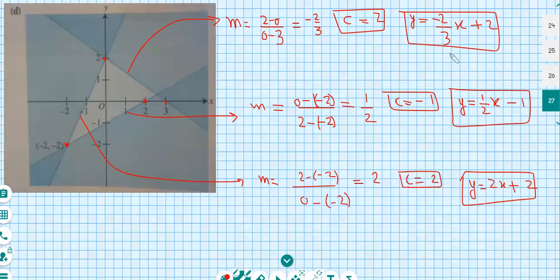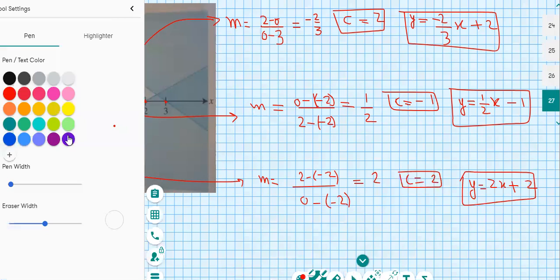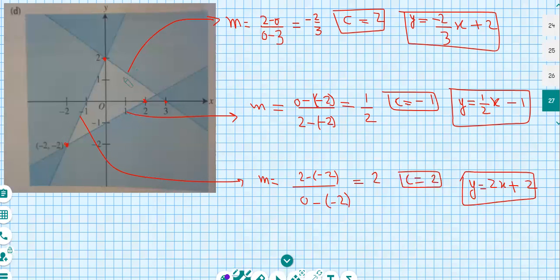Now we have to convert these equations of the line to linear inequalities in 2 variables. Okay. The first line is this, and you can see that the unshaded region is below this line. So this generates an inequality y is less than or equal to minus 2 by 3x plus 2. So this is the first inequality. Second one, this one, and you can see that the unshaded region is above this line.